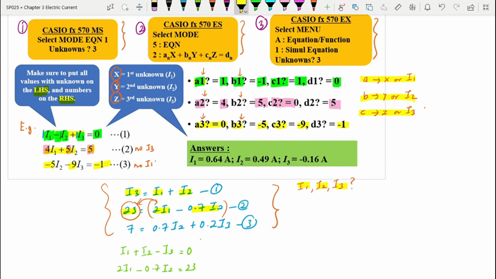So bila kita dah masukkan nilai dan kita akan tekan sama dengan, dia akan display X, Y dan Z. So refer balik, X kita adalah I1, Y kita adalah I2 dan Z kita adalah I3. So kita akan dapat nilai-nilai yang dia akan display pada calculator ni, yang merujuk kepada I yang berapa. Okay, so as simple as that untuk kita totalkan menggunakan calculator.